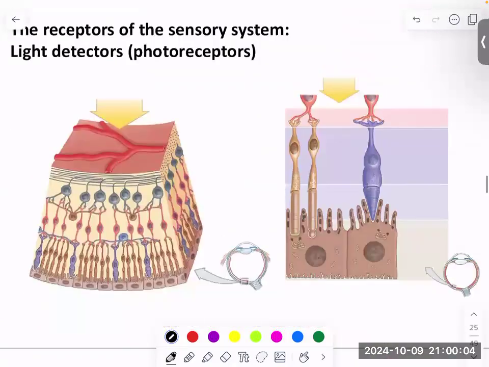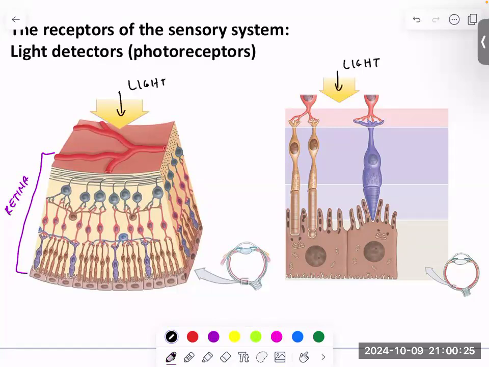When the light hits the retina is a structure that still blows my mind. It is a layer on the back of the eye. That is the retina. The light comes in from this direction. And interestingly enough, as the light moves through, it has to move through the blood vessels. It has to get through the alpha, beta, polarized cells.